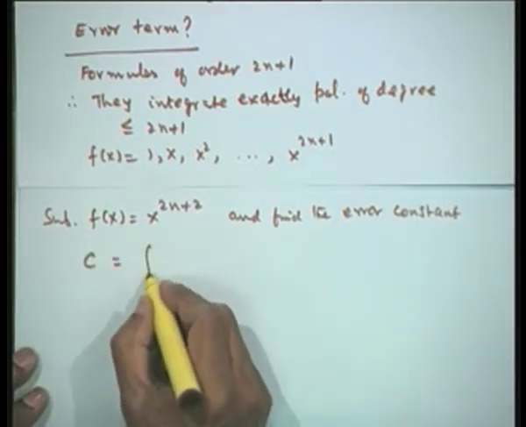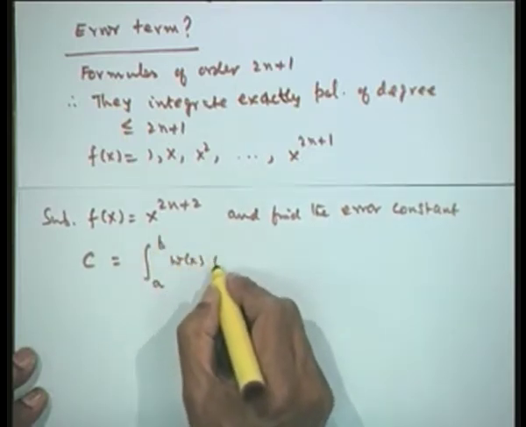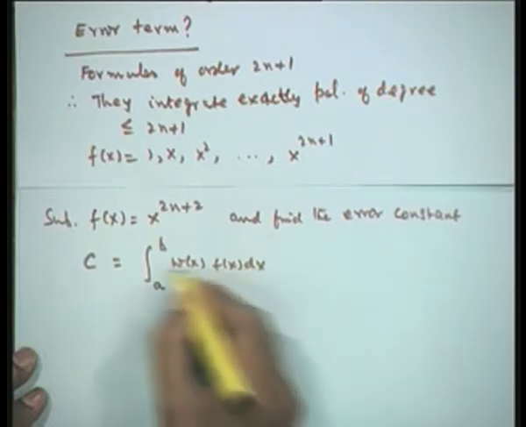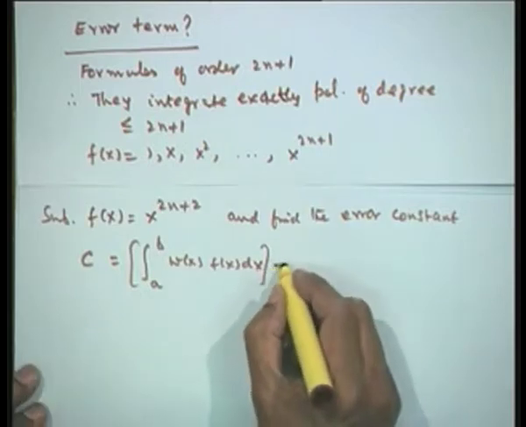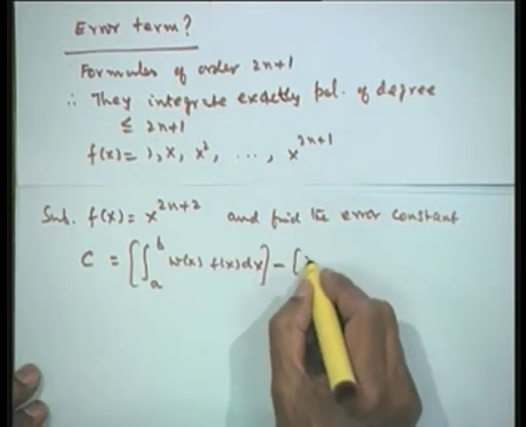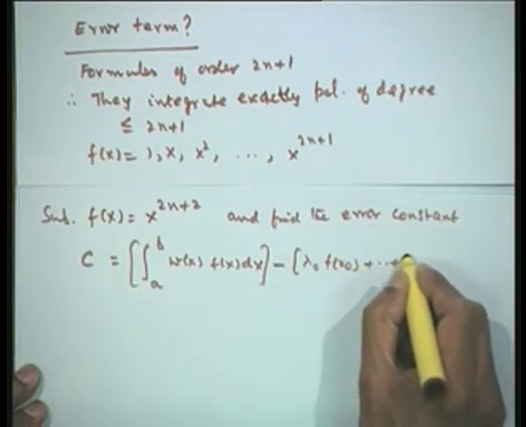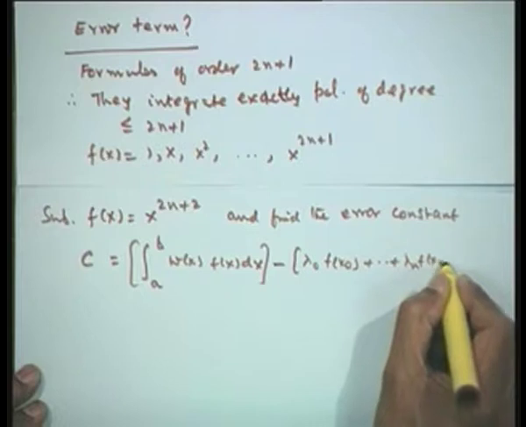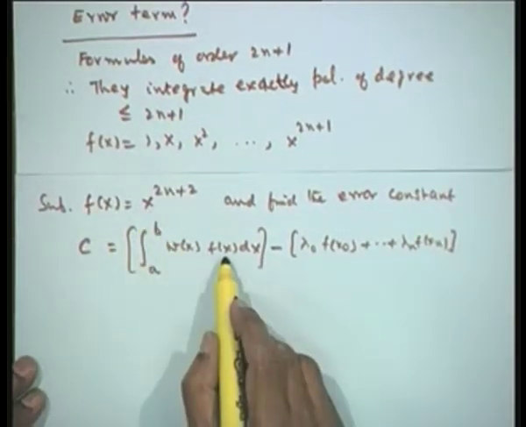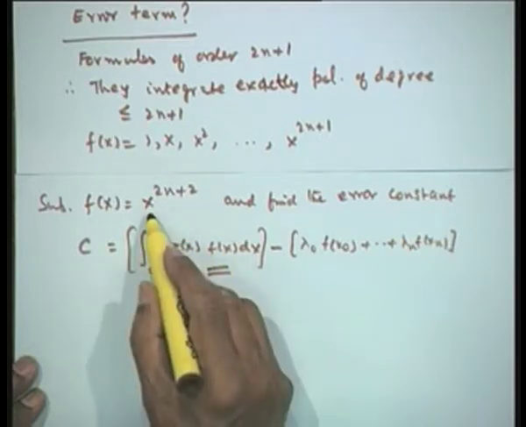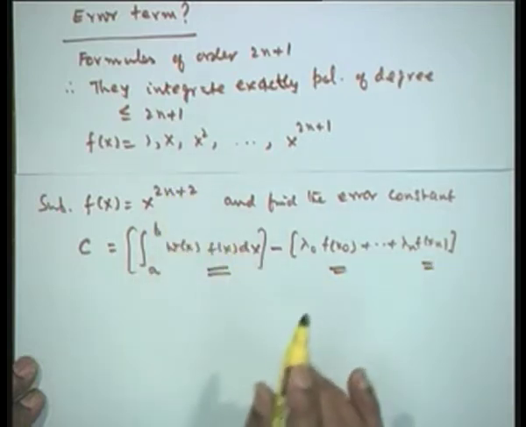This c is equal to whatever the formula that we have here, integral a to b w(x) f(x) dx. Now, this is one of these formulas that we have now derived, and bring the right hand side to this. So, this is lambda naught f(x naught) plus, up to lambda n f(x n). Now, I am substituting f(x) equal to x to the power of 2n plus 2 here. So, I am replacing f(x) by x to the power of 2n plus 2, and I am replacing all these by x to the power of 2n plus 2.